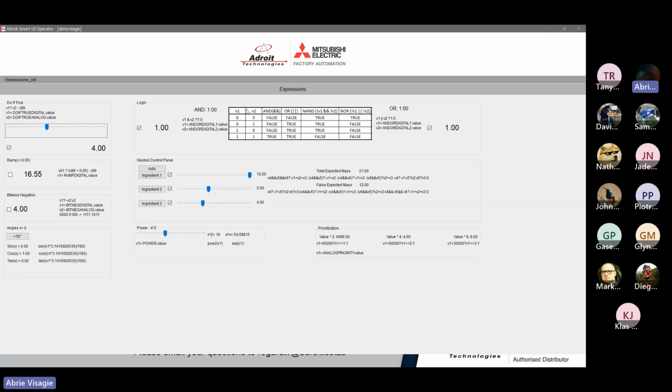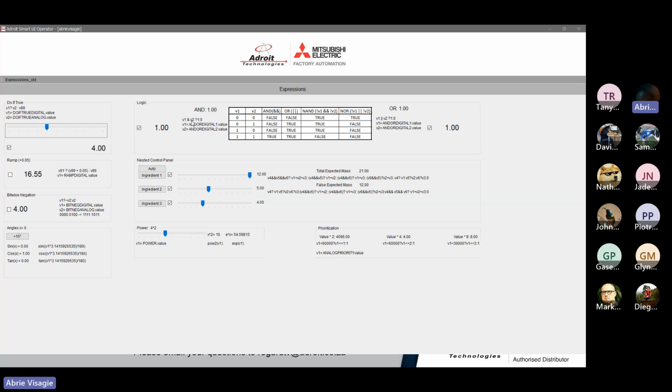For logic, our ANDs, ORs, NORs, and NANDs, you see we have two digital values being compared. On the one hand, looking at AND, you can see that if both are toggled to positive or on, we will be reading a 1.